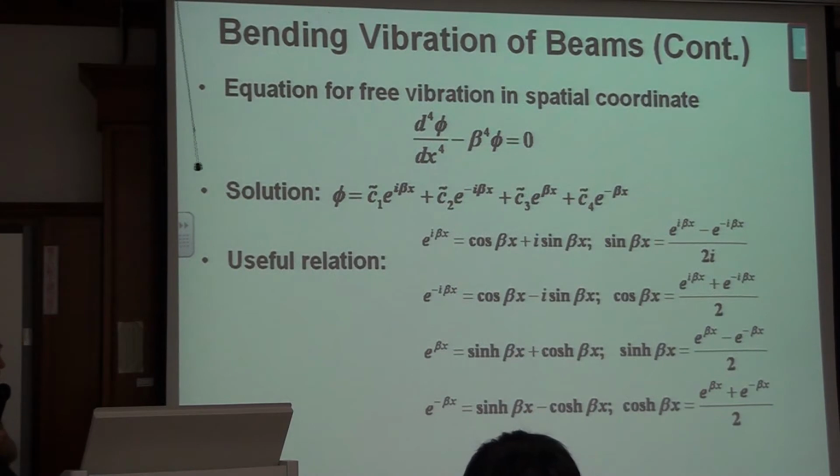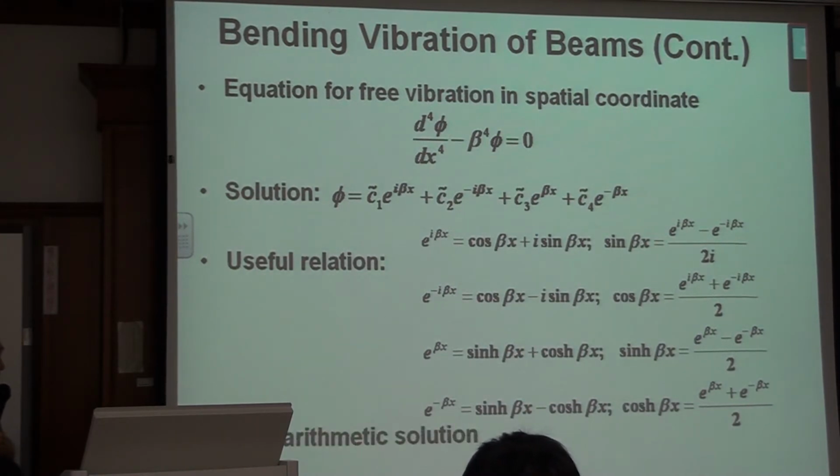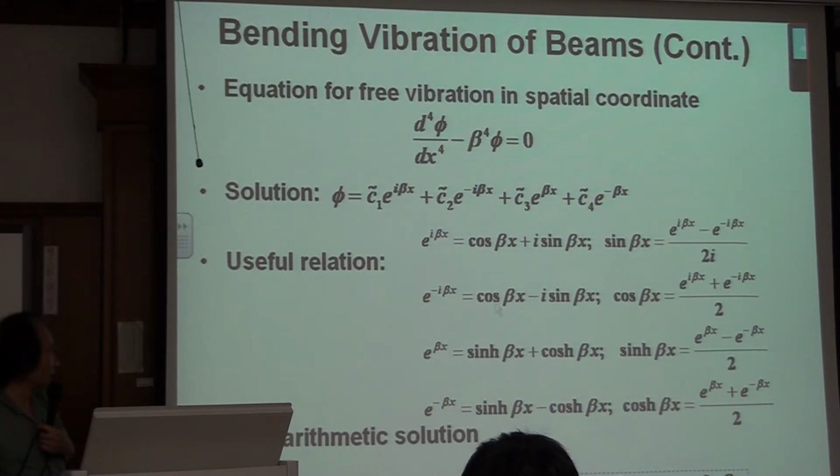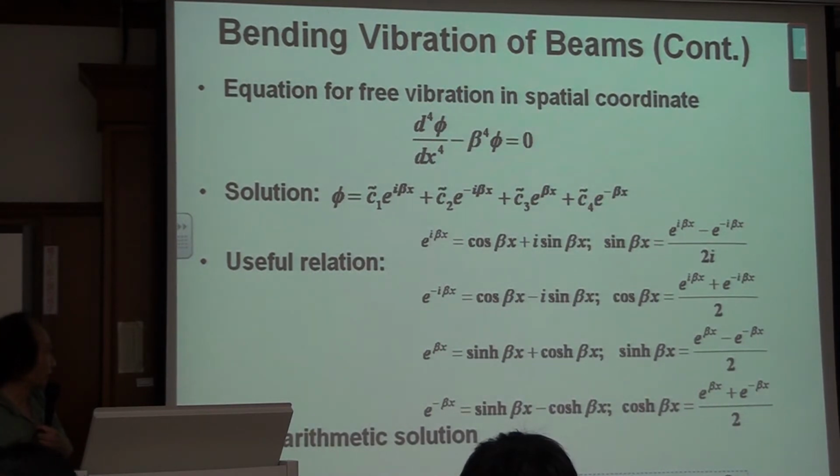And because of these properties, the real solution will be C1 sin beta x plus C2 cos beta x plus C3 sinh beta x and C4 cosh beta x. And this is complex, and this is all real.